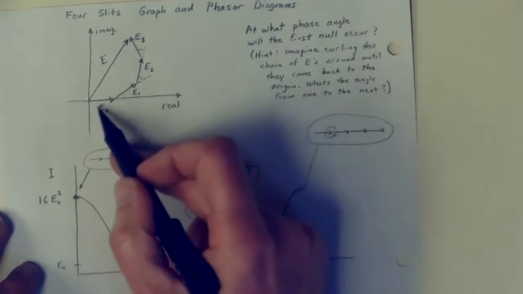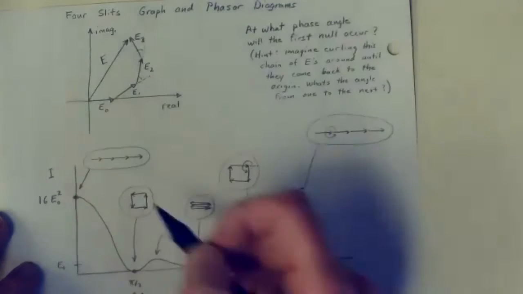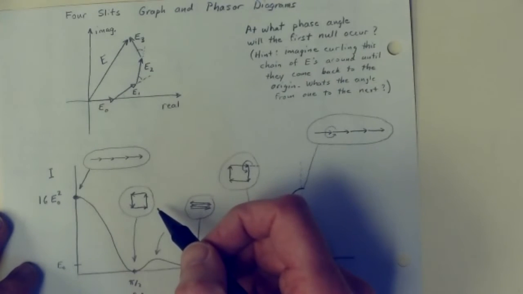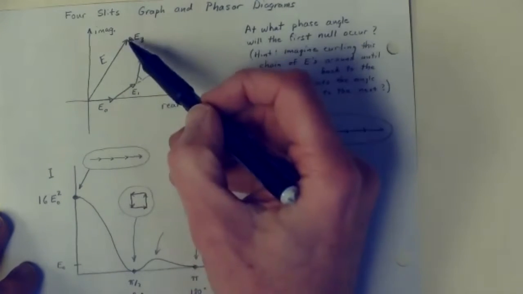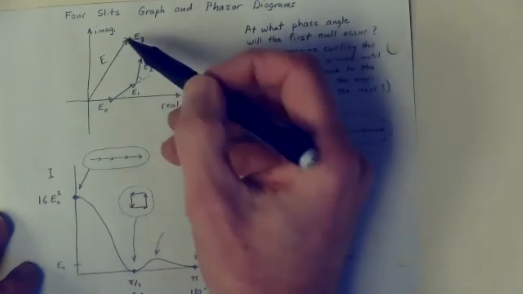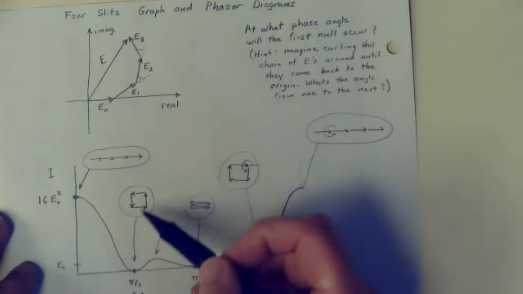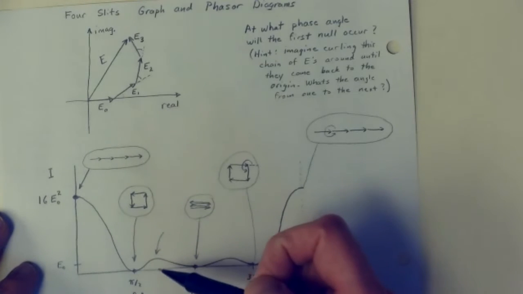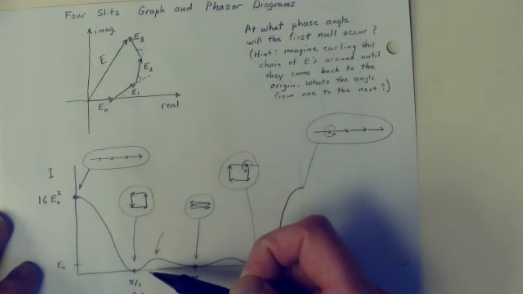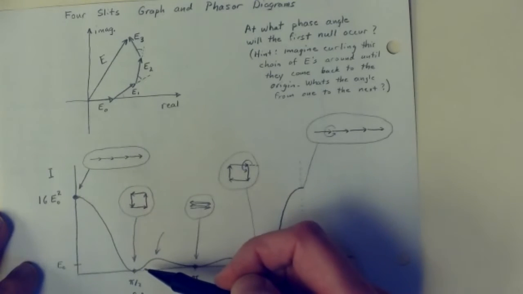Now imagine curling this around, and at some point you'll curl it around far enough you'll reach 0. The E that results at the end will be nothing because the tip will have come all the way around and closed in, and you'll have a box. Does that kind of make sense? It's a square box. It's got 4 sides because there are 4 slits.